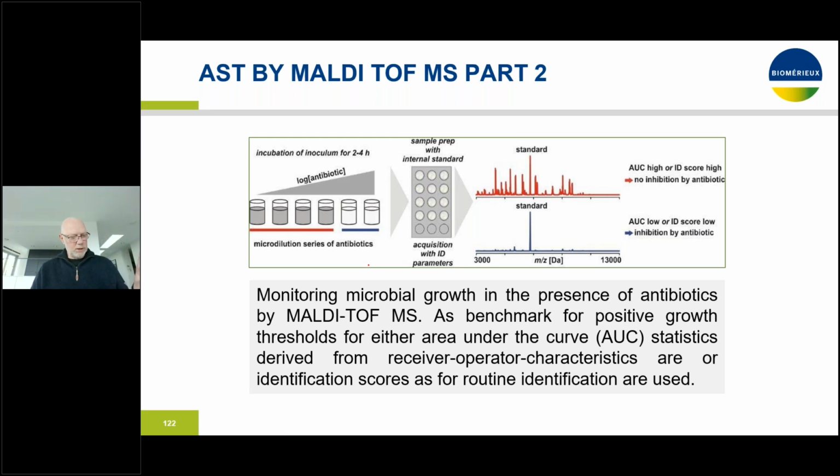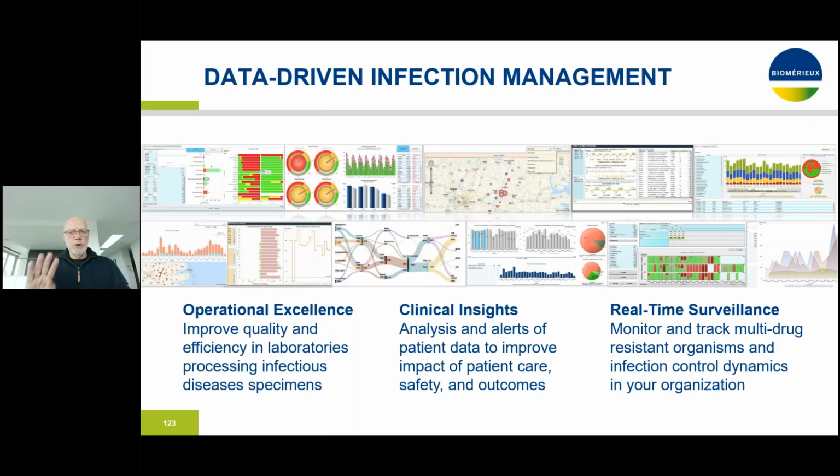If you want to do this in the mass spec, you have to use different formats, different slides, and you have to do that serially, which may take more time. And again, it's largely manual. So this is a problem, but I'm sure that over the years to come, with data-driven infection management becoming more and more popular, this will surely change and become more effective.